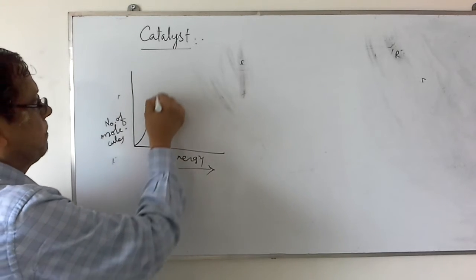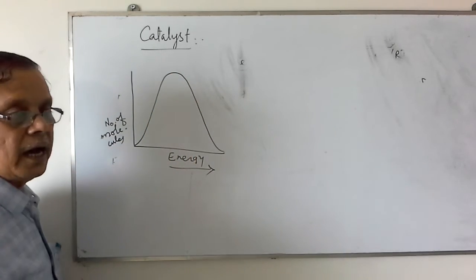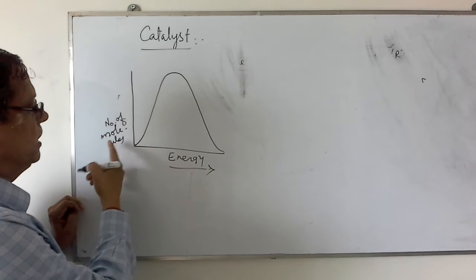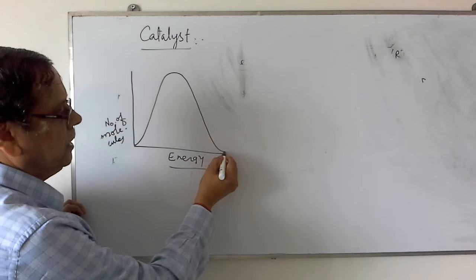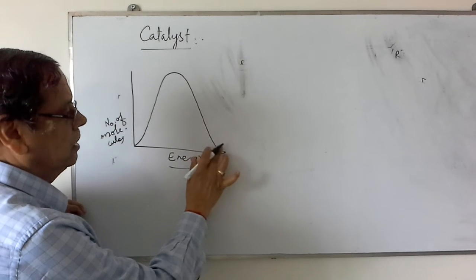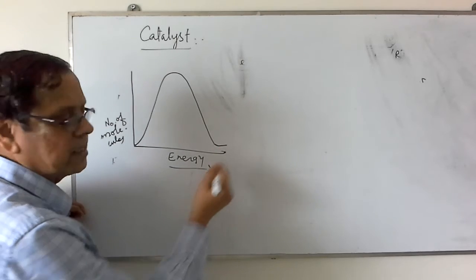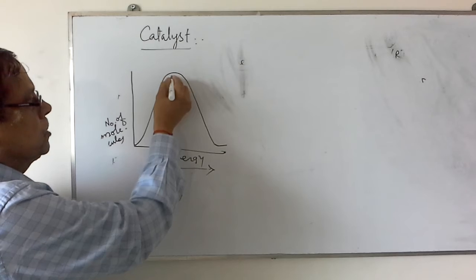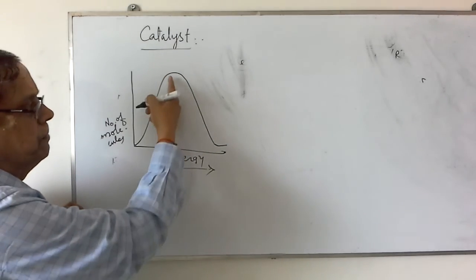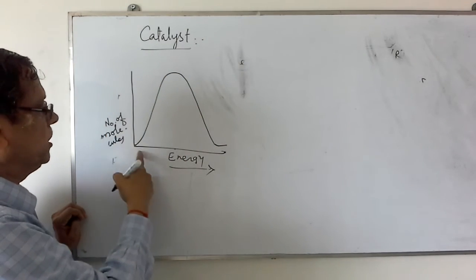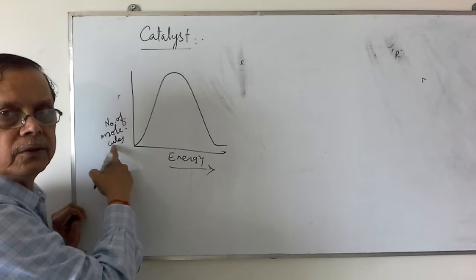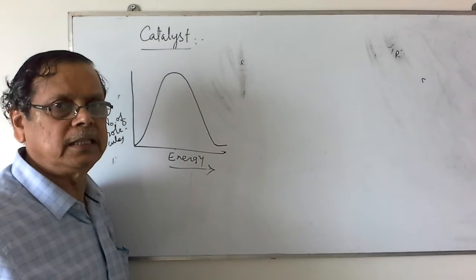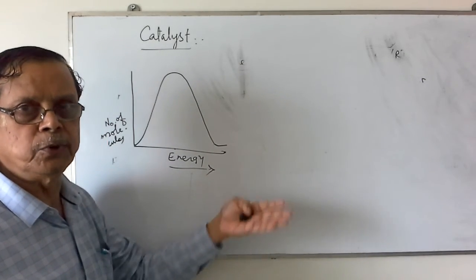Assume that this is the energy distribution. The number of molecules with very low energy is less, and the number of molecules with very high energy is also less. So the number of molecules possessing medium energy will be maximum. That is how we observe the distribution of energy versus number of molecules. This you will come across in another concept, that is energy distribution.